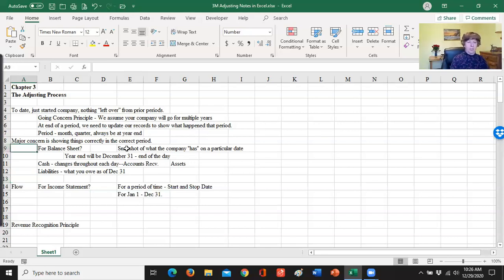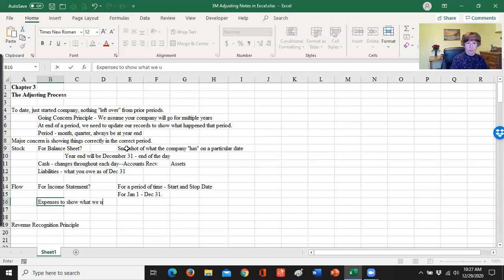For a balance sheet, we call that a stock because that's what you kind of got in stock on a particular day. So if you ever hear those terms, that's all it's saying. One's for a period of time, one's for one point in time. For our income statement, again, we want the expenses, so what we used this period. Yearly, it can be quarterly, it can be monthly. What did you use?